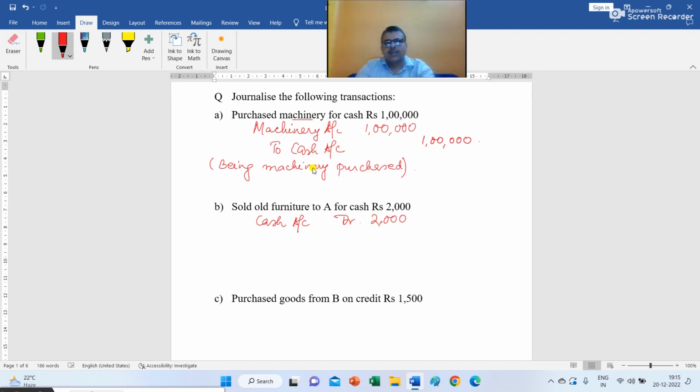So in the first journal entry, when you are purchasing the machinery for cash, there was an outflow of cash. So we have credited cash in my first journal. Now in the second journal, the transaction that is given to us is sold old furniture to A. So there is inflow of cash. So cash is debited by rupees 2000.